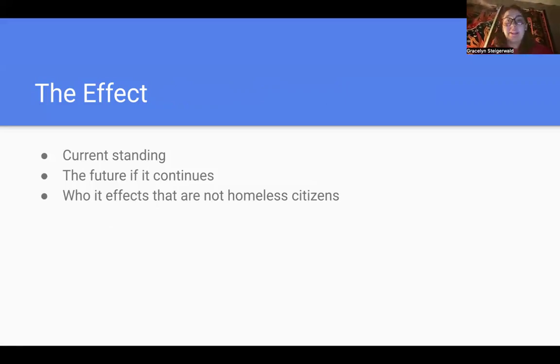This is mainly due to the fact that it is still a very limited research topic that isn't being discussed enough, and so there's not really anybody fighting for the homeless community, but more just standing with the city.